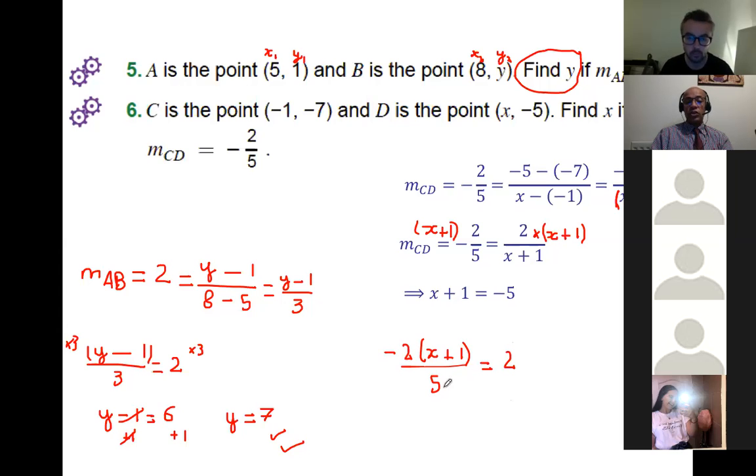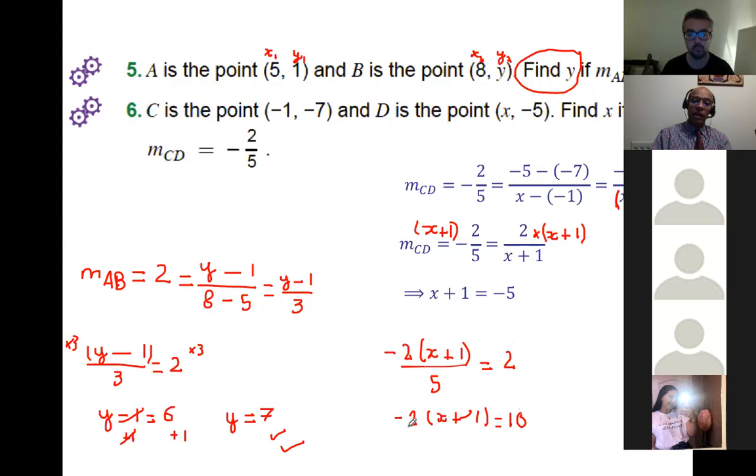Yeah? So to get rid of the 5, I need to time by 5 this side and time by 5 this side. So you end up with -2 times x plus 1 equal 5 times 2, which is 10.